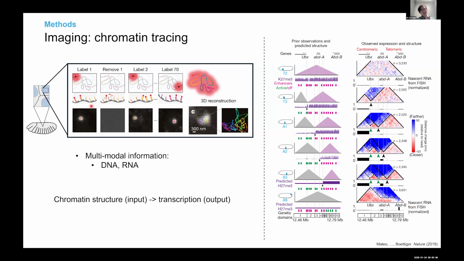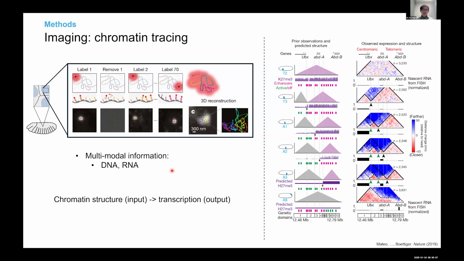The idea is that we look at a region of interest, a piece of genome sequence. We divide it into small segments, and we image one segment at a time by sequential rounds of imaging. Afterwards, we can reconstruct the 3D conformation of this DNA structure.